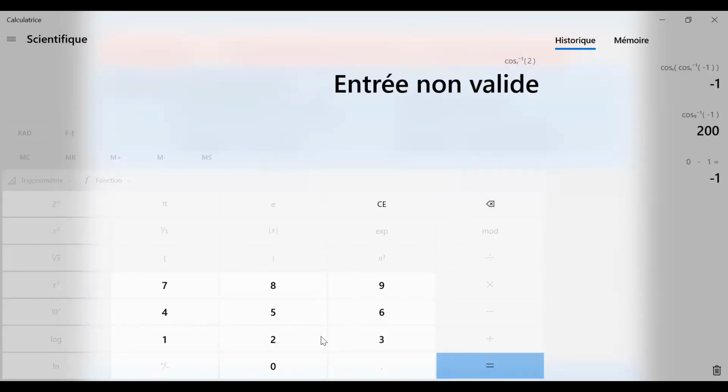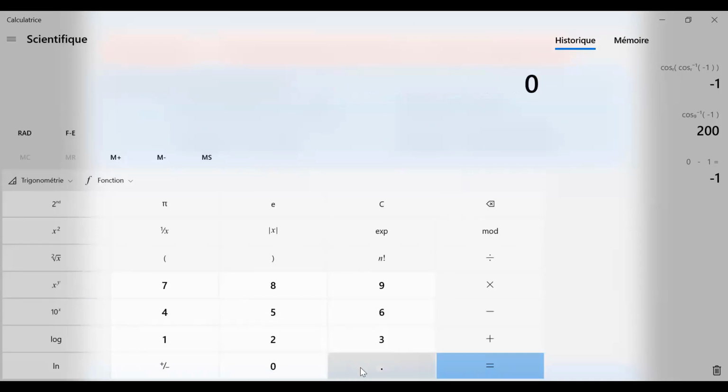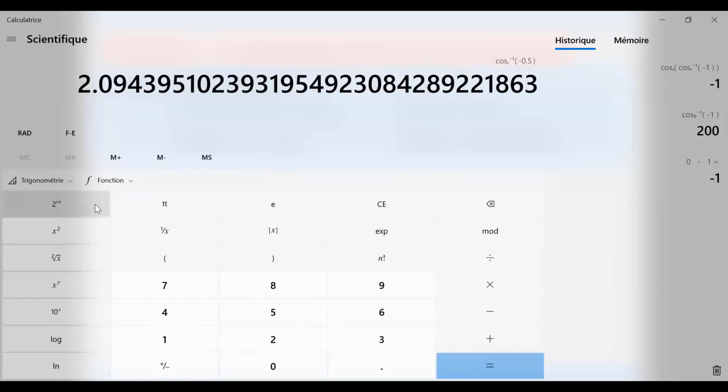Cosine inverse of minus half. So half, minus half, and second function, cosine inverse.